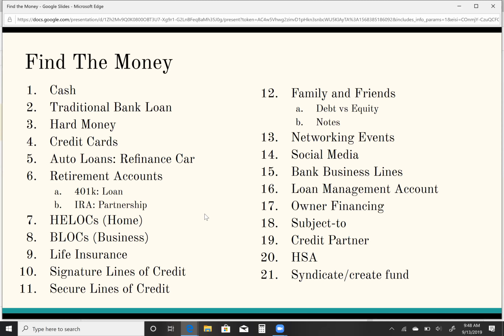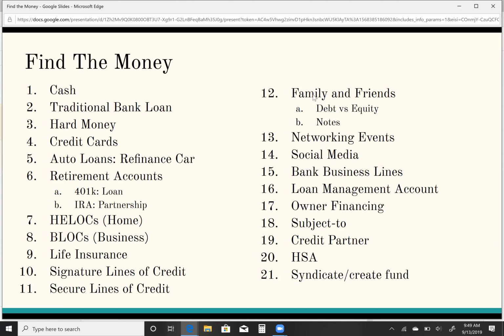Now, when it comes to family and friends, and also networking events, so people that you've met, business partners. This is one of the main methods that I use to raise money for whatever business ventures I have going on.